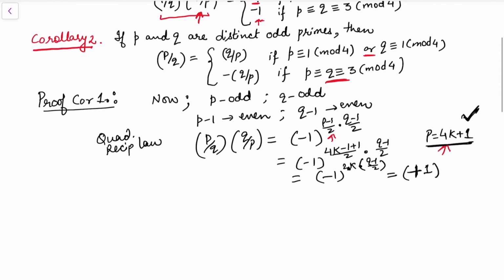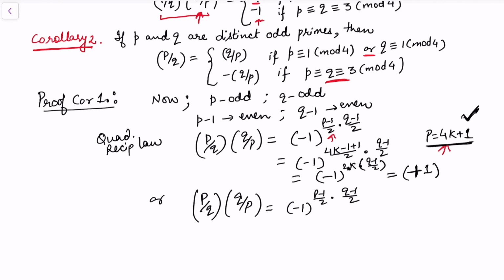Similarly, if I repeat this process for Q, I take -1 to the power (P-1)/2 into (Q-1)/2. Now assuming that Q is of the form 4k plus 1, in this case also it is -1 to the power (P-1)/2 into this quantity, which will become 2k.